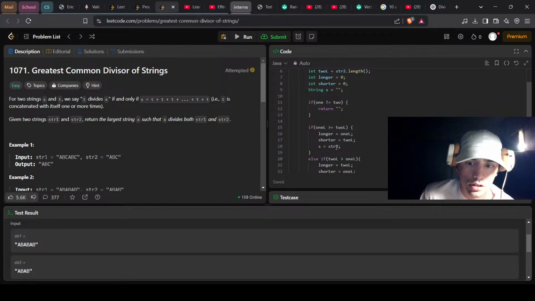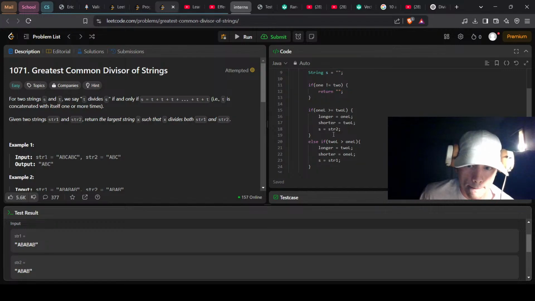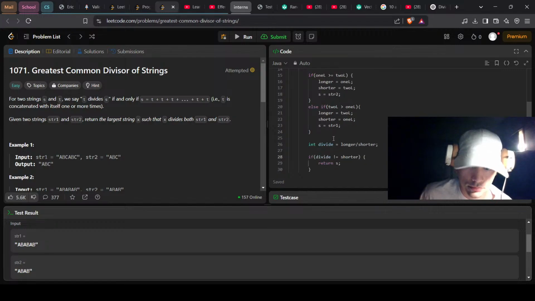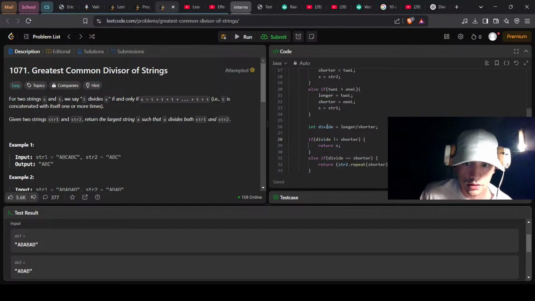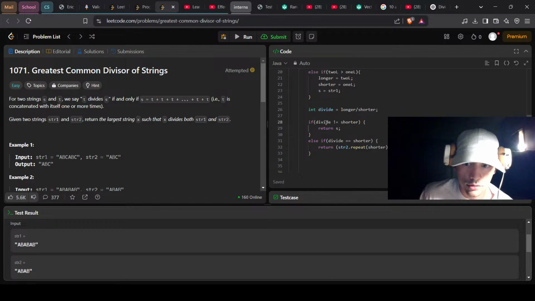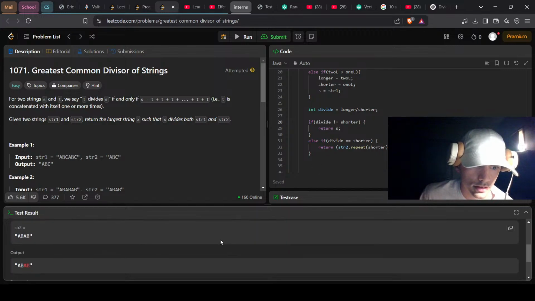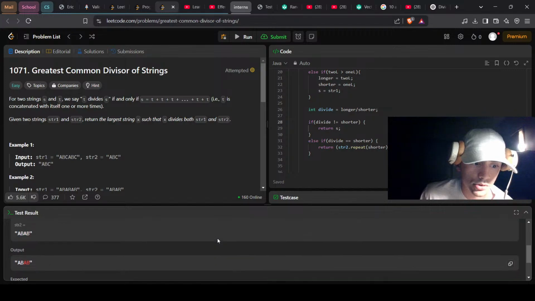String 2 is shorter. The shorter one is string 2. Skip this one. And divide equals longer or shorter. So we're going to do 6 divided by 4. We get 1. Now that we have 1, divide is now 1. If 1 is not equal to shorter, shorter is 4, so it's not. Return S. So right here, we're returning whatever S is. Whenever we're supposed to be returning S.